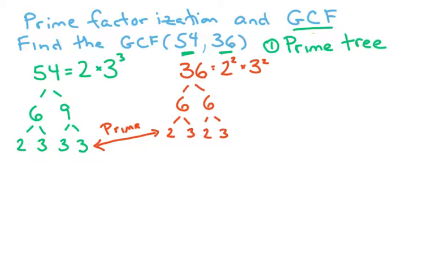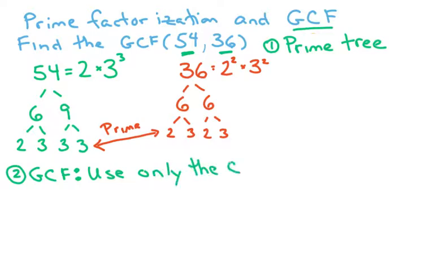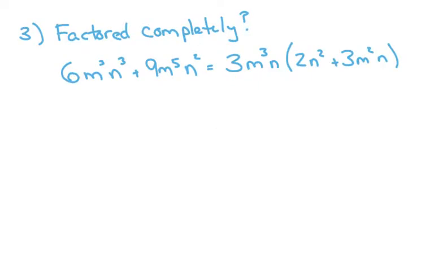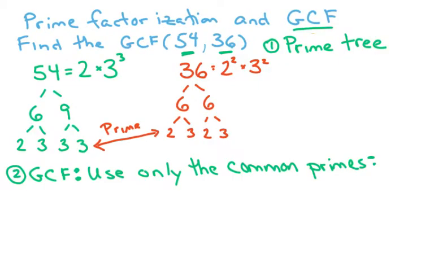Now, to find the GCF, that's our second step. We kind of build this. We're going to use only the common primes. So what prime numbers do they have in common? Well, they both have a 2 and they both have a 3.